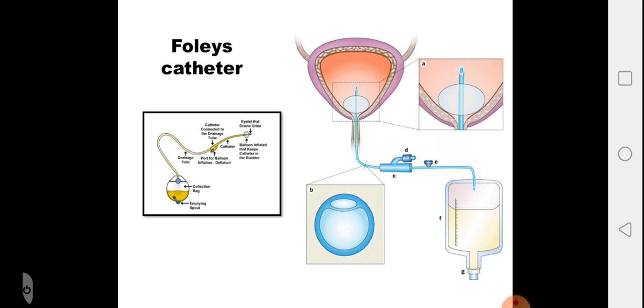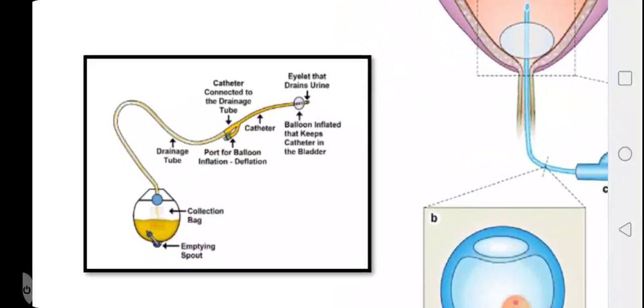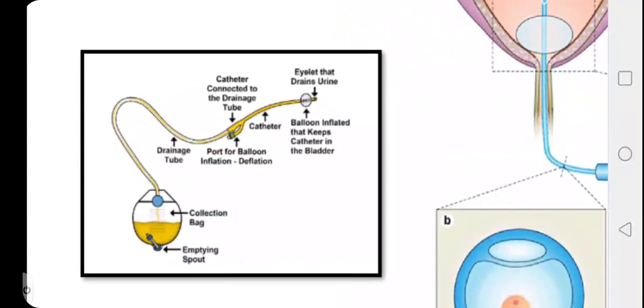So let us learn a little about the Foley's catheter. So this dark yellow portion is the catheter. You can see that at one end there are certain openings to collect the urine, and at the other end there's a bifurcation having two ports.